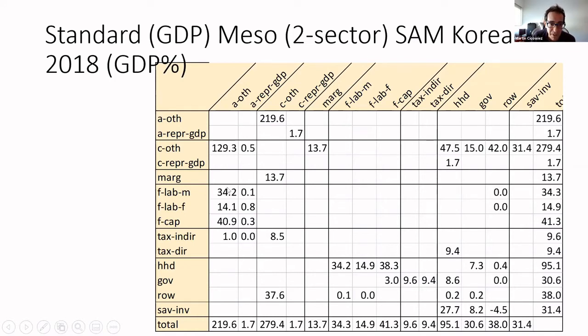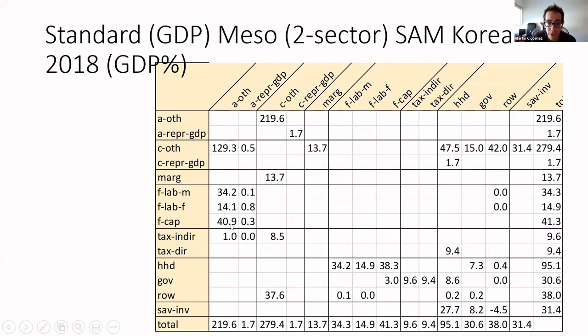So this number here means that the non-care sectors, or the non-GDP care sectors, in Korea, they paid to male labor the equivalent of 34% of GDP. And they paid to female labor the equivalent of 14% of GDP.